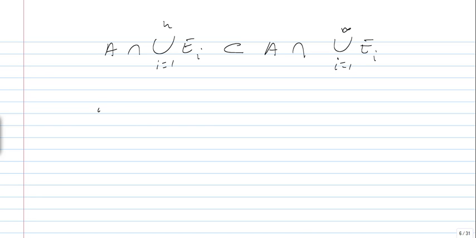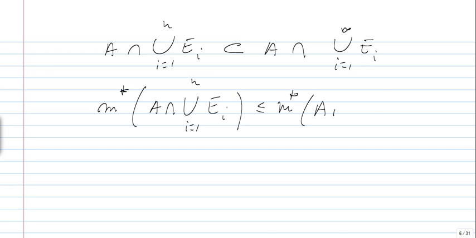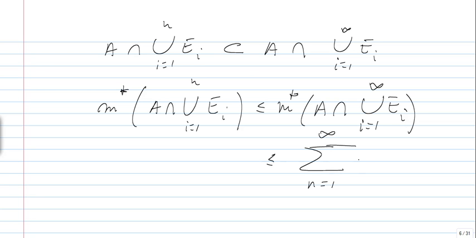Which implies that the outer measure of A intersect the union of finitely many of them is less than the outer measure of A intersect the total union, which is also less than the sum of the outer measure of A intersect En, as we saw before.